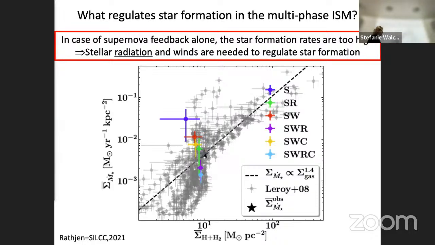But if we switch on early feedback, so winds, and in particular ionizing radiation, then we come immediately down to the observed levels of star formation. And if we additionally have wind and radiation, then we are here. And if we have cosmic rays, there's a little bit of an impact, but the cosmic rays don't influence the star formation rate so much.